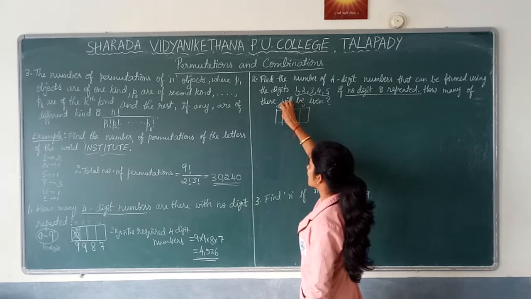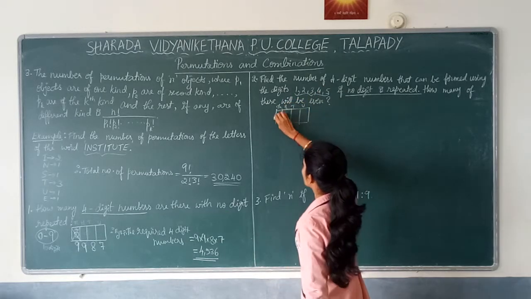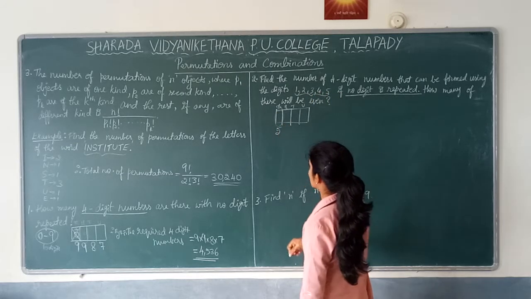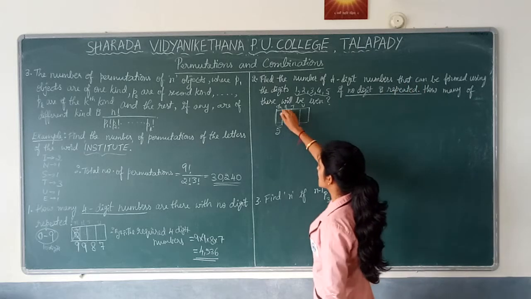So how many ways can I fill the thousands place? 0 is not there, no tension. So I can fill this with any one of these digits, right? So 5 possibilities are there. Then come to the next one. No digit is repeated, therefore repetition is not allowed.